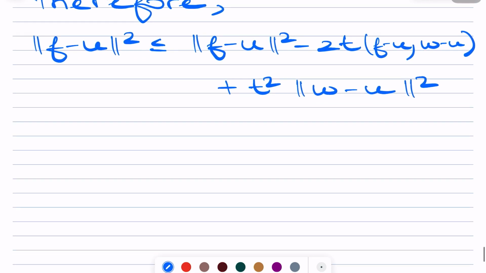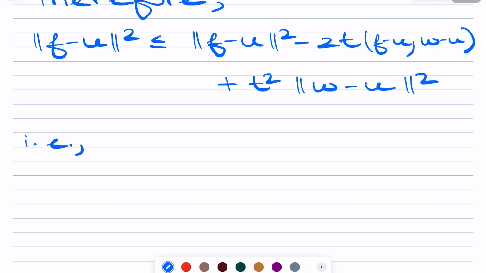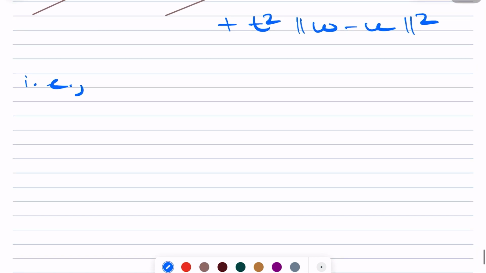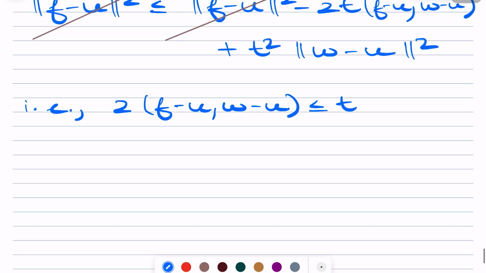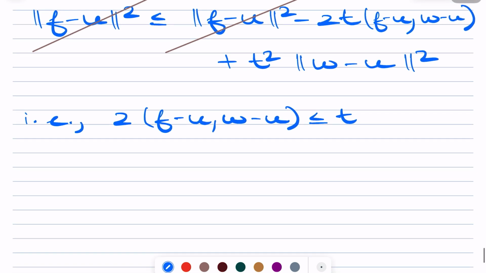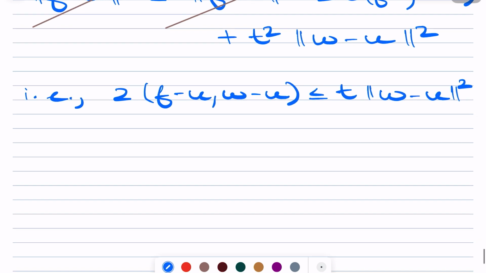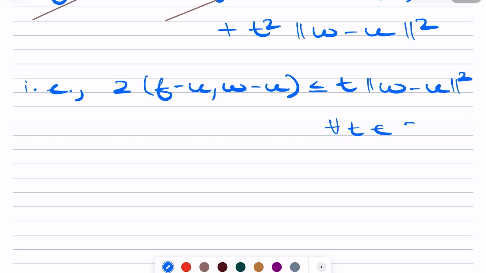So this means, because now here you can actually cancel this and this, right? So this means 2 times the scalar product of f minus u and w minus u is less or equal than t. You can also cancel t, right, because t is positive, so this is less or equal than t times the norm of w minus u squared, right? And this of course holds for every t in 0, 1.